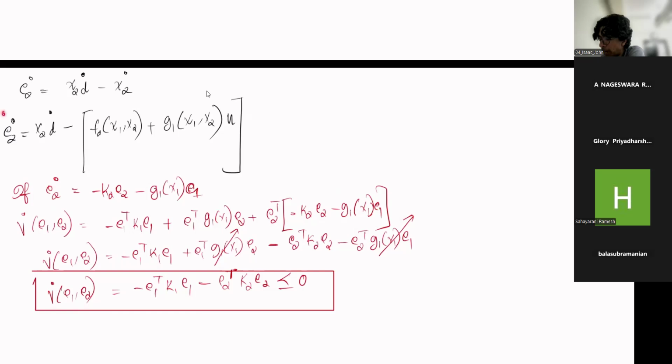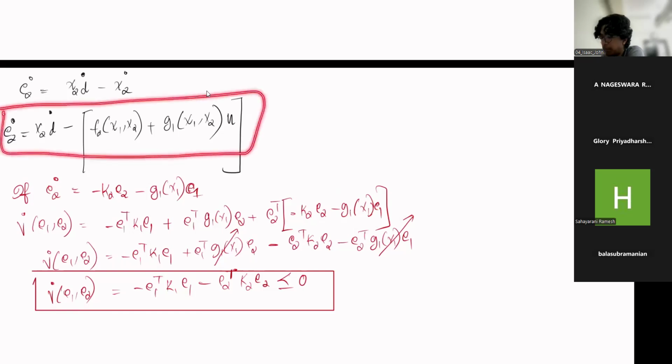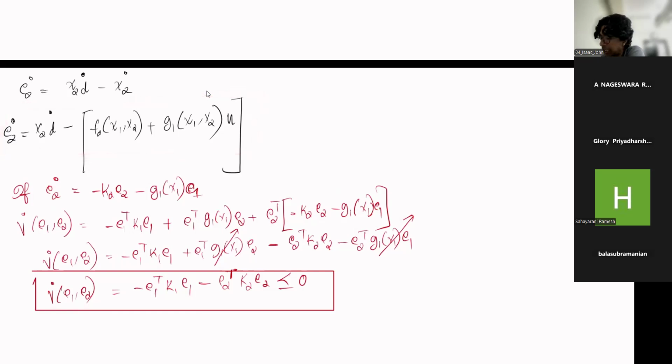So now if you go back to the earlier equation, if we can choose a control input U in a way that E2 dot would be this expression, we can pretty much guarantee that the system is stable. Now you have to find out what U is going to be, so that E2 dot is this expression.